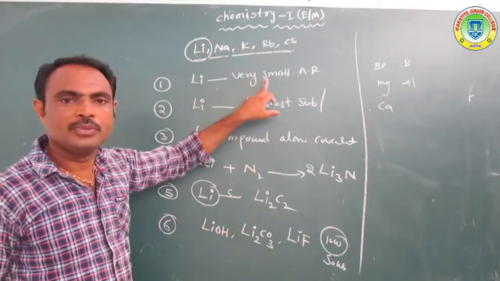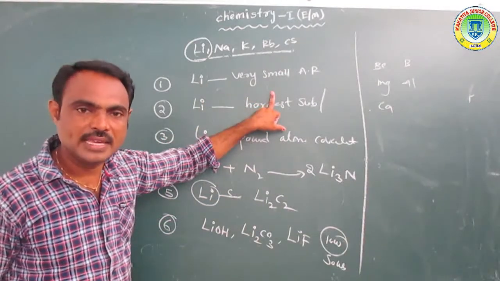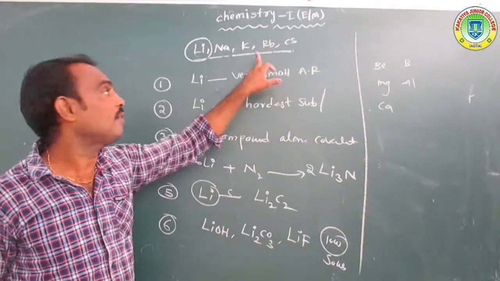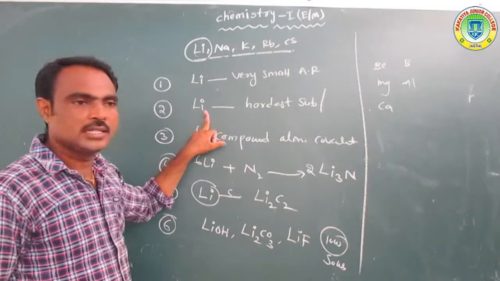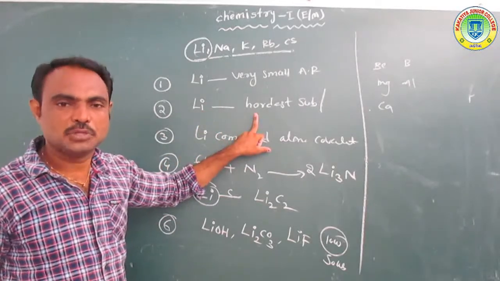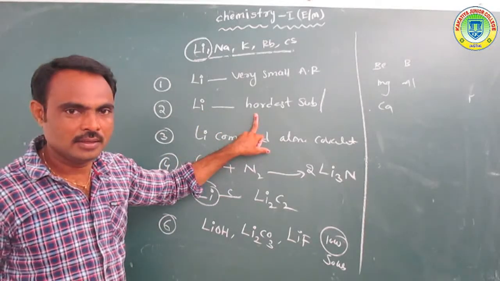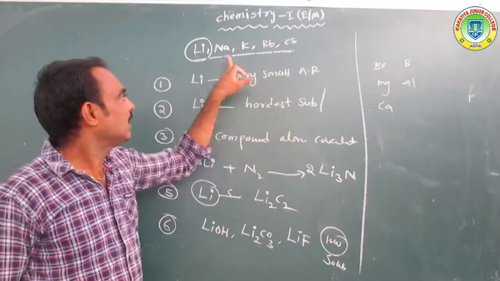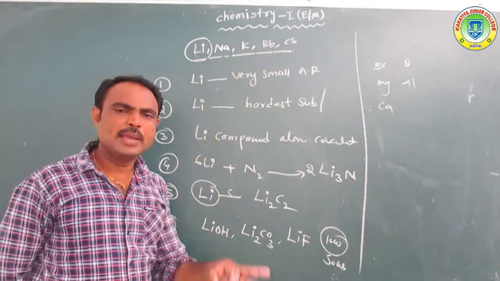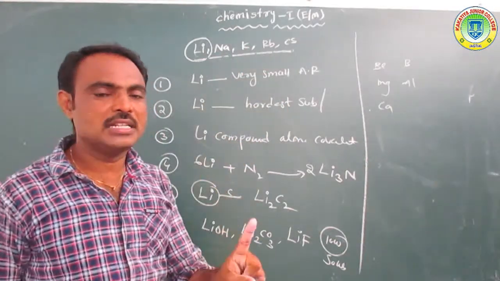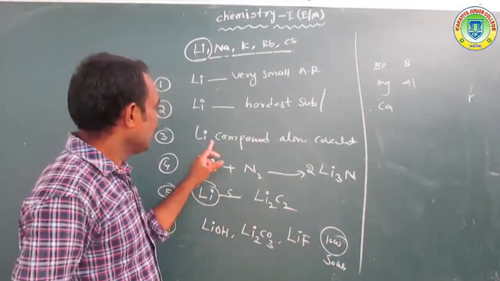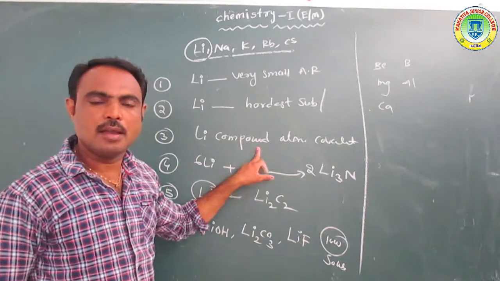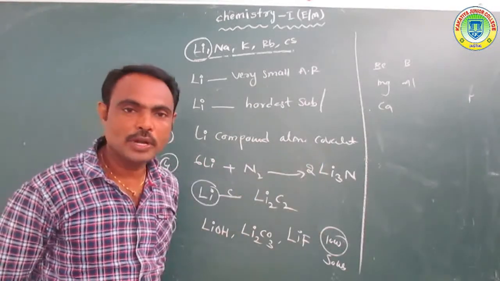Lithium has a very small atomic size compared with all the remaining elements. Next, lithium is the hardest element compared with the remaining metals, which are very soft and can be cut easily with a cutter.